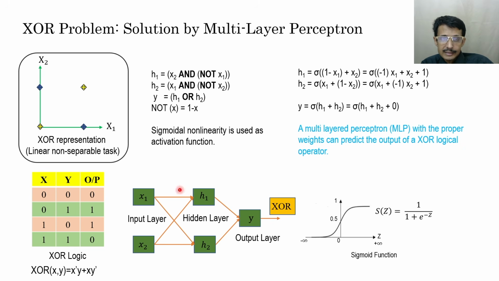Now here this is a multi-layer perceptron, and what we can understand here is that there is a hidden layer in between the input and output layer. For the single layer perceptron, no such hidden layer was there. Now, how does it help? That is very important to understand.